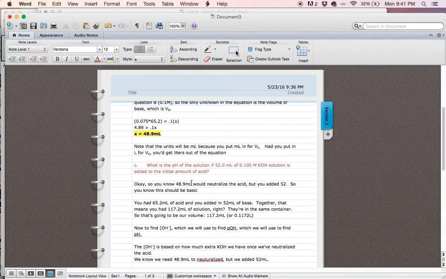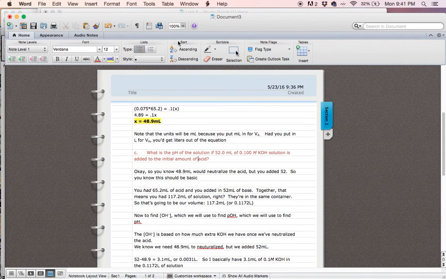So I had 65.2 milliliters of acid before I did anything else, right? So I had this acid going on, and that was like in my beaker here. There, that's acid, can't you tell? And on top of that, I added in my base, which I guess that's a B.